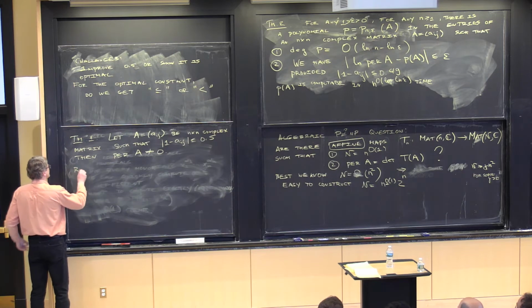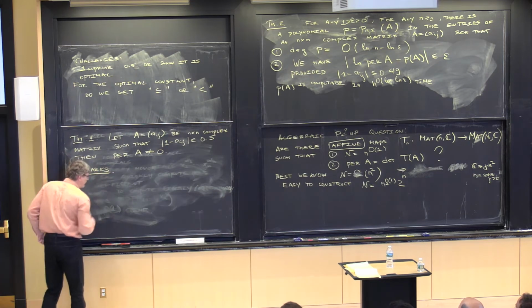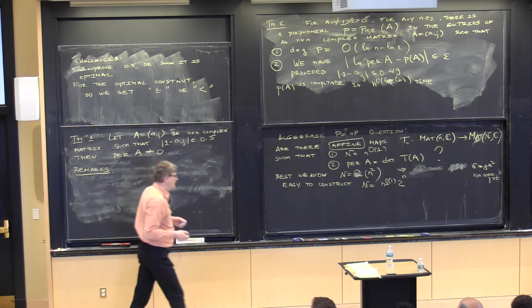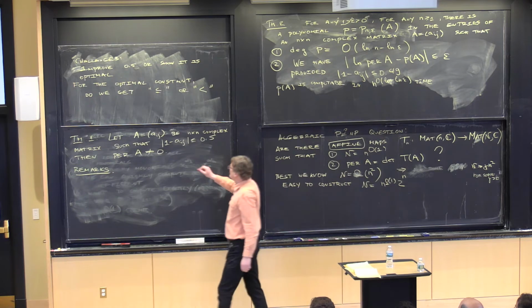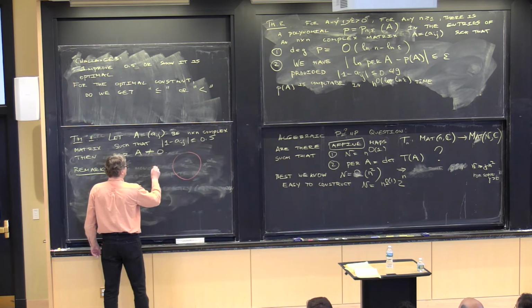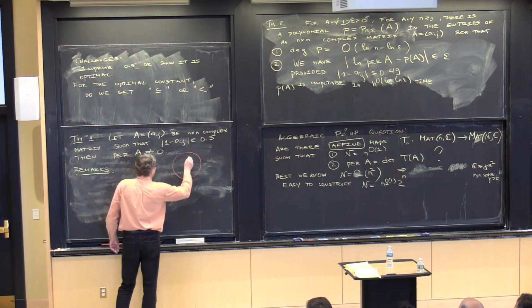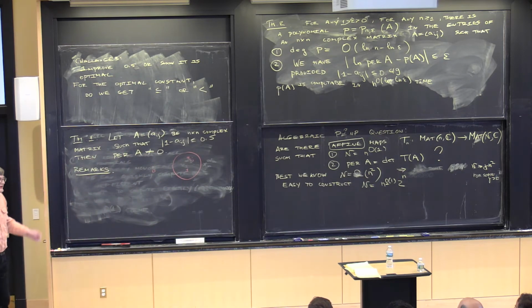So remarks. The theorem is not exactly obvious, so this non-zeroness, because, so what do you say? You say that the entries are in the disk centered at 1 of radius 1/2.